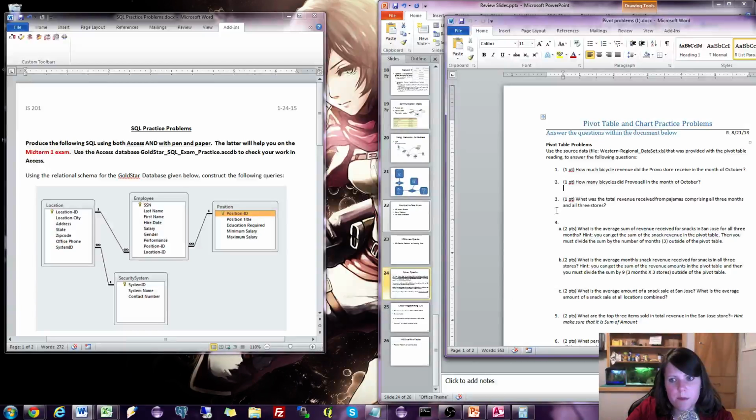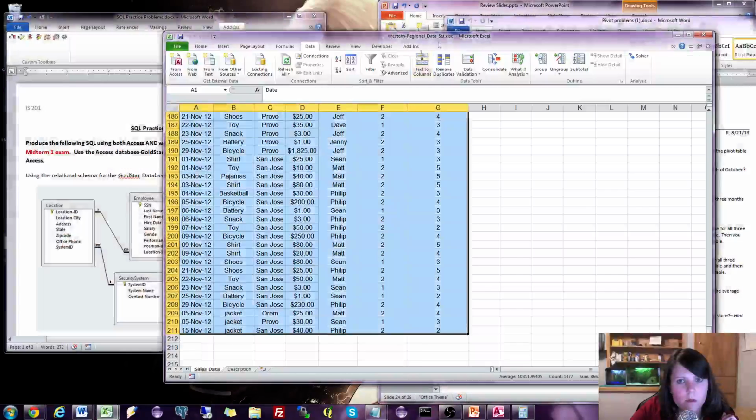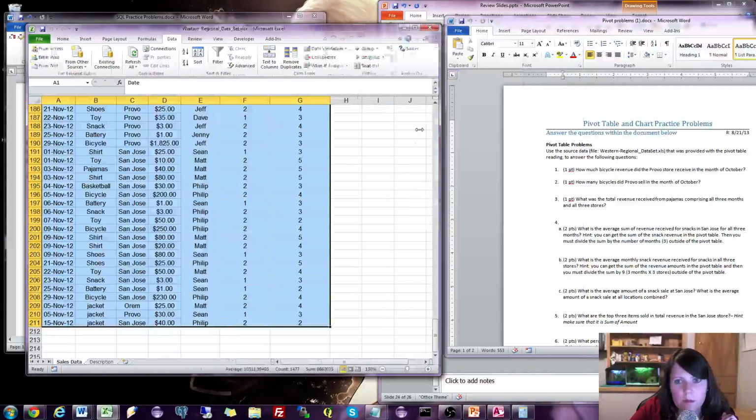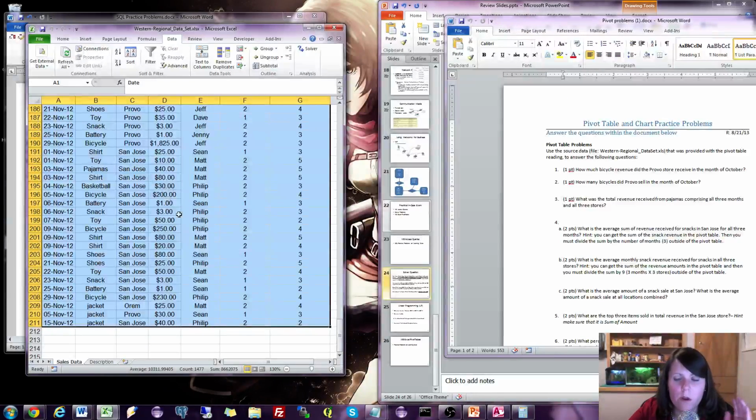The hardest things in terms of pivot tables would be those percentage-of questions, for example. We can skip down and do one of those, but essentially you need to know whether you need to go row or column on that.